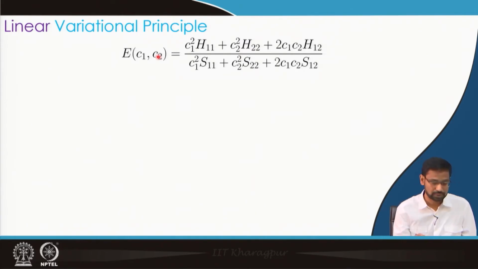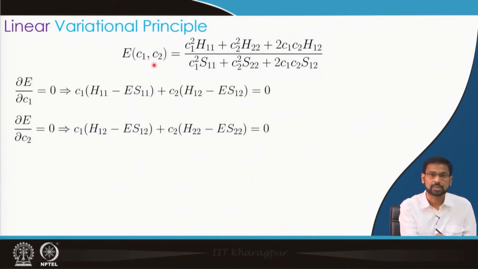Since energy depends on C1 and C2, I write down these two equations: let the derivative of E with respect to C1 be 0, and similarly let the derivative of E with respect to C2 be 0. When I impose these two conditions by working with this equation, it is straightforward that I can come to the answers that are given here in this slide.